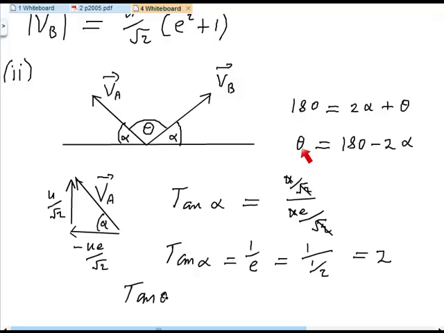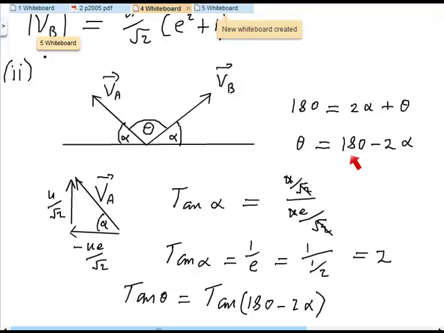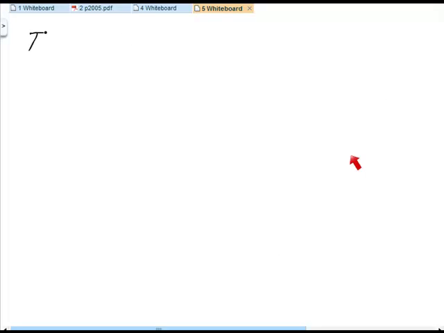So tan theta is equal to, from this equation here, the same thing as getting the tan of 180 minus 2 alpha. And we now need to go to tables at this stage to use our formulas. So tan theta equals tan 180 minus 2 alpha.